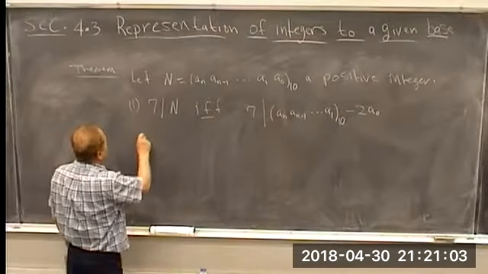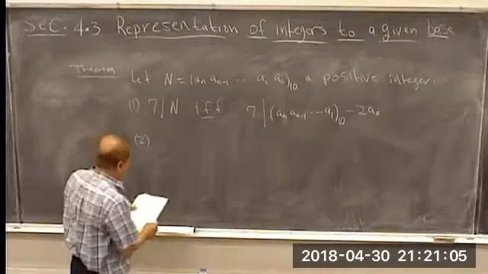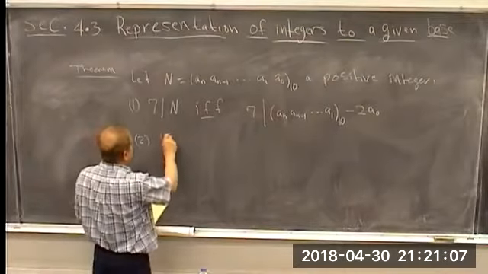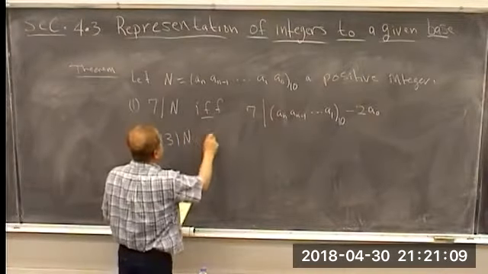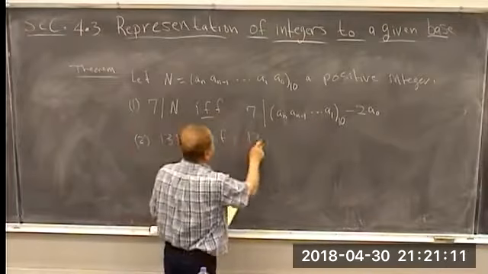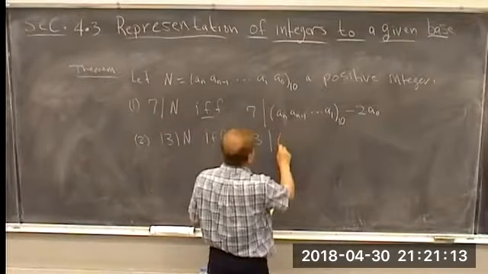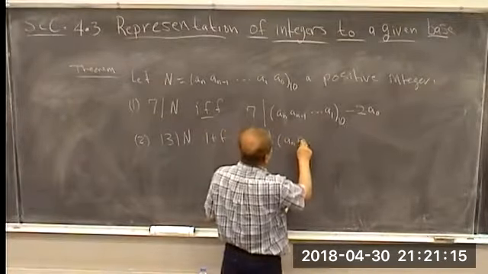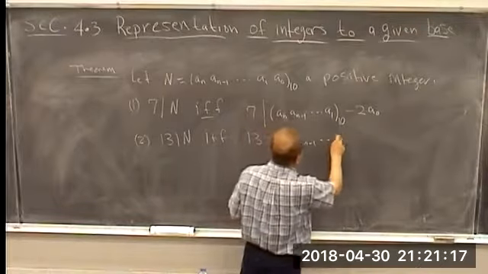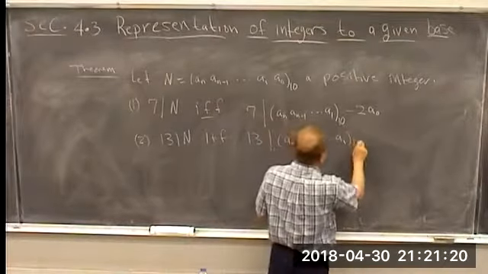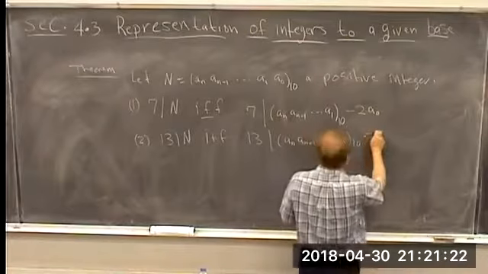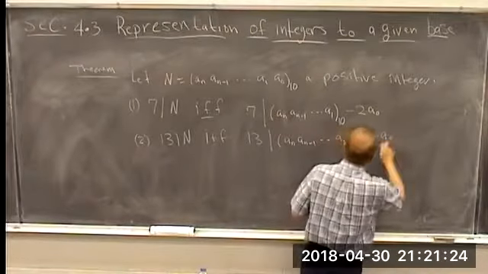Then the second one is 13. 13 divides n if and only if 13 divides something similar but a different combination. So this is a_(n-1) up to a1 minus 9 times a sub 0.